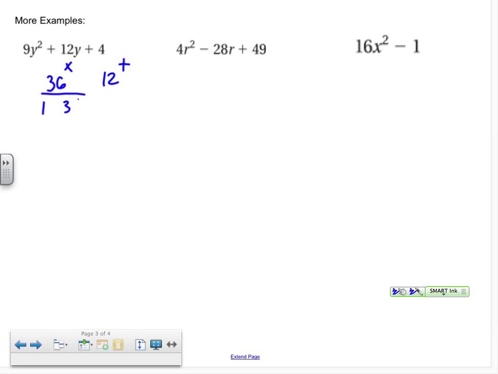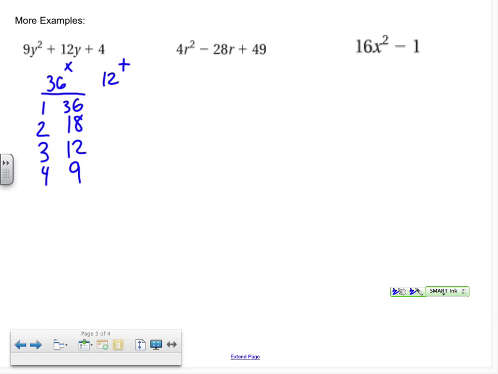1 and 36 adds to 37. No, that doesn't work. 2 and 18 adds to 20. Keep trying. 3 times 12 equals 36, but 3 plus 12 equals 15. So try 4. 4 times 9 equals 36. 4 plus 9 equals 13.